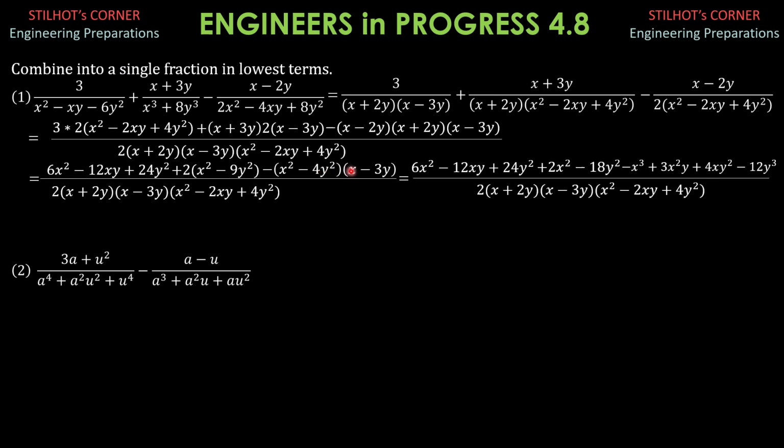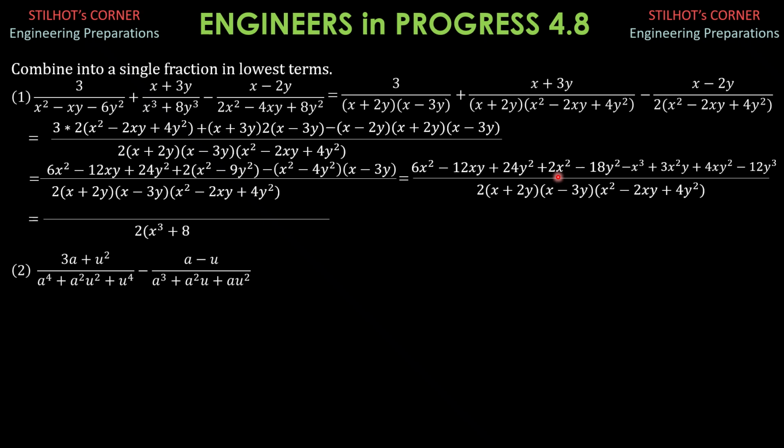Negative 4y squared times x is negative 4xy squared times negative, so positive 4xy squared, which is this. Then negative 4y squared times negative 3y is positive 12y cubed, then times negative, so negative 12y cubed. Combining like terms, 6x squared plus 2x squared is 8x squared.